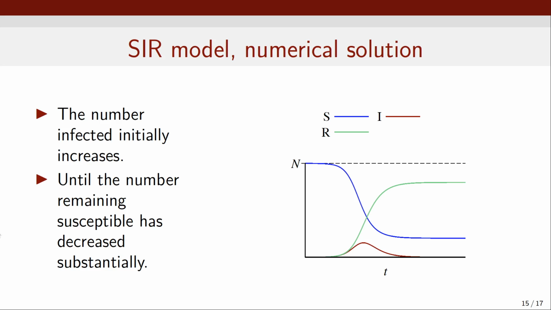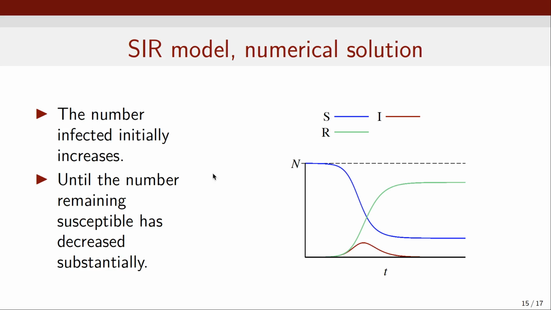Now we will solve this system numerically as part of the exercises, but let's look at how the solution looks. The number of infected people initially increases, almost exponentially at first, then it levels off later.